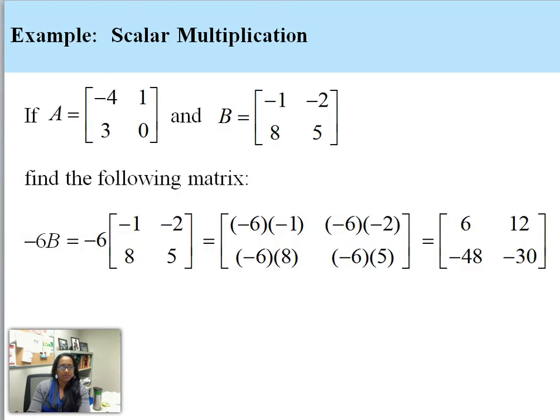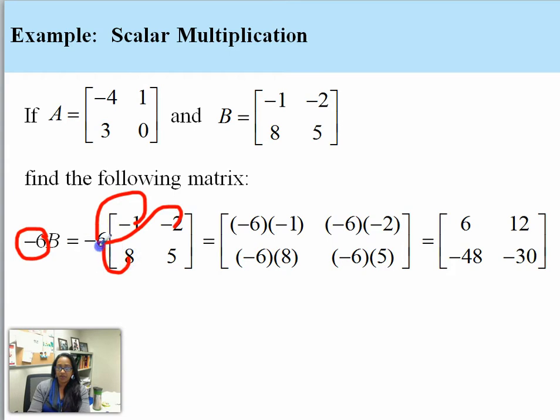Scalar multiplication. So I have a matrix A, -4, 1, 3, and 0, and a matrix B, -1, -2, 8, and 5. Now we're trying to find the following matrix, -6B. So I am taking the scalar of -6 and multiplying it with the matrix B. That means I'm going to take the -6 and multiply it with each and every element inside the matrix.